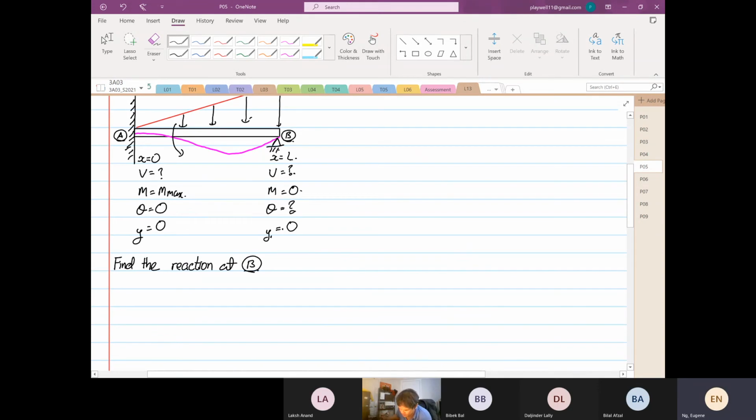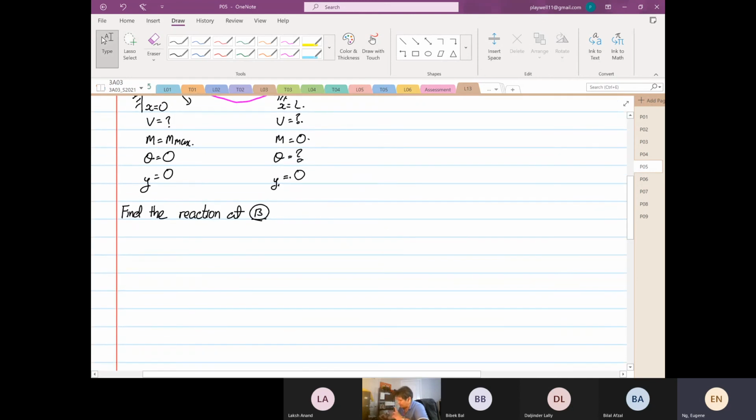Okay, now knowing that the structure is statically indeterminate, right? Because we can only form two. Why is it statically indeterminate? Okay, so let's form the free body diagram first. So if we form the free body diagram, we know that we have AY down here.